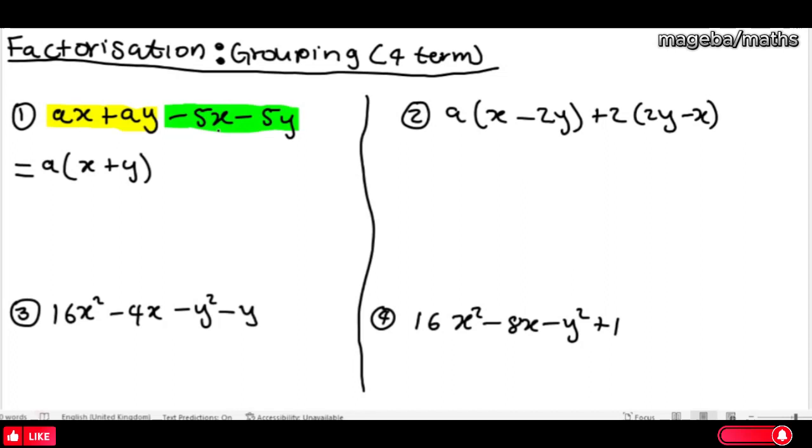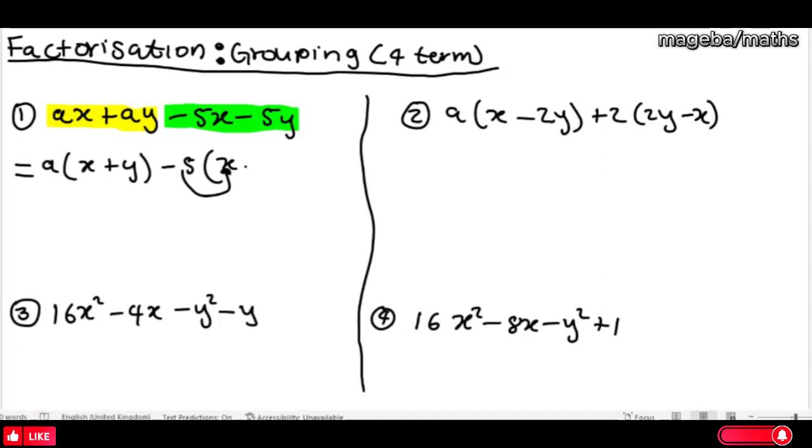Then from here, there is also a common factor, but remember, if I take out this common factor, it must go with the negative. Why with the negative? Because I need to be left with x plus y. If I take negative 5 and times it with whatever is here, it has to give me negative 5x, which is going to be x.